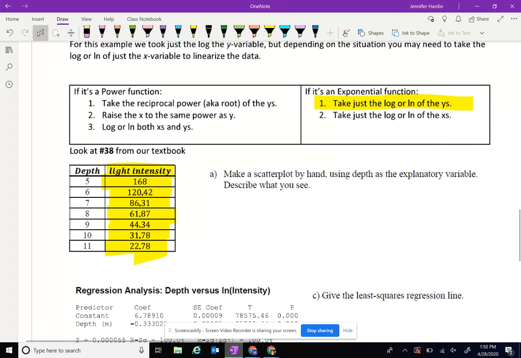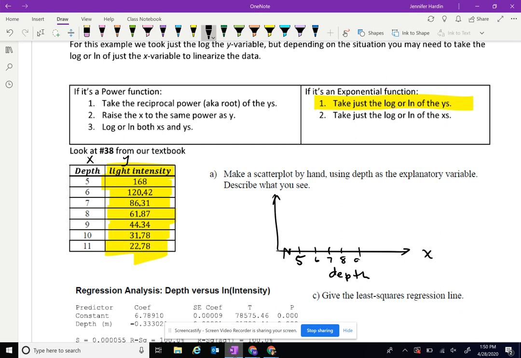So if you make a scatter plot by hand or by using technology, you have your X and your Y variables. And I'm going to do a really crappy job. Hopefully you're better than I am. But 6, 7, 8, 9, 10, 11.